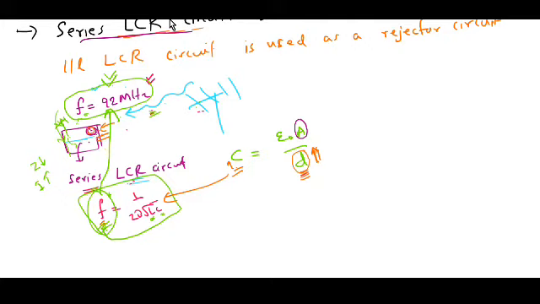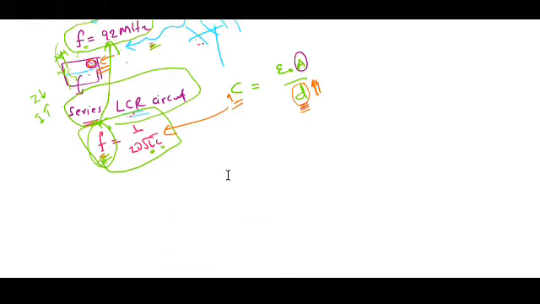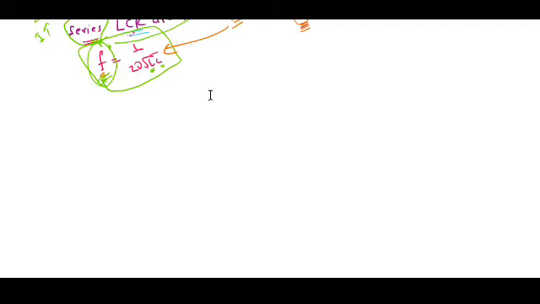Fine. In this way, the series LCR circuit is used as a tuning circuit. Now let us come to another important point, that is, what is the variation of the current with the frequency of the applied voltage.